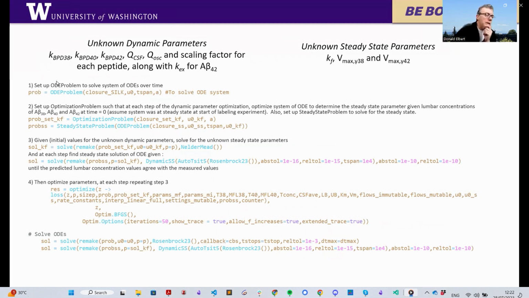If you look at the code itself, there is some code on GitHub already, and in the next few months there will be the code that's shown here, which is an improvement for sure. You'll notice that it's set up in ways that make sense from the SciML perspective, with ODE problems, optimization problems, steady state problems.